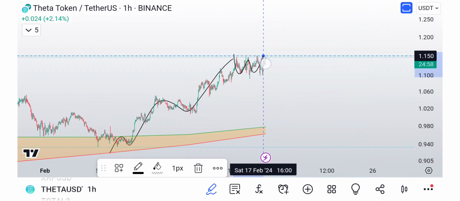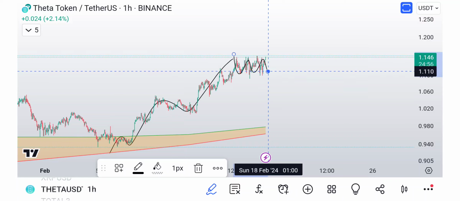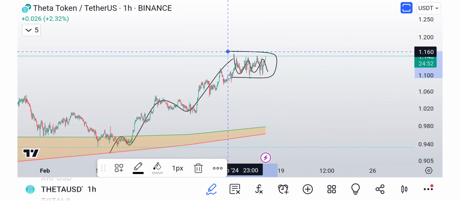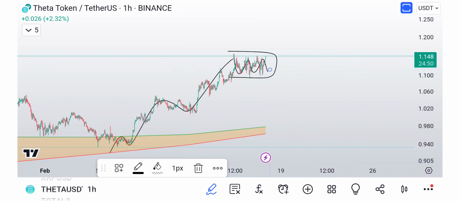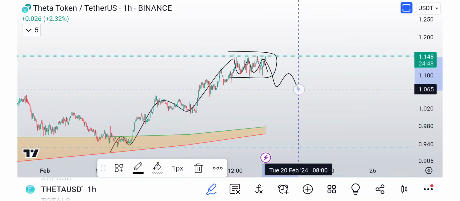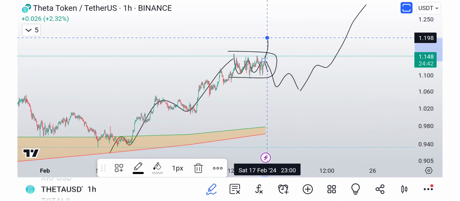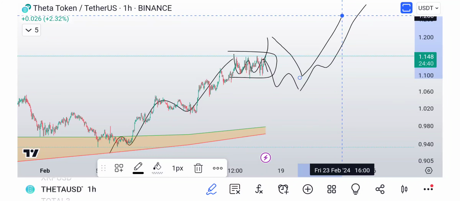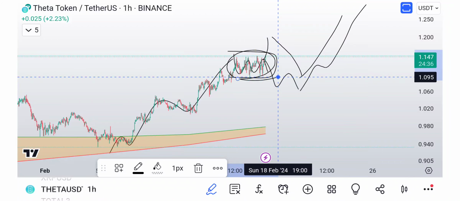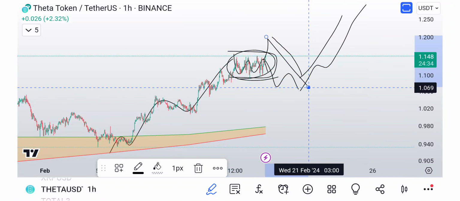And then we have some distribution. I say bullish because it looks to me like it's gonna come down, but then come back up. We could spike the high, then come down, then come back up, but it looks like we probably need a little bit of a pullback here.